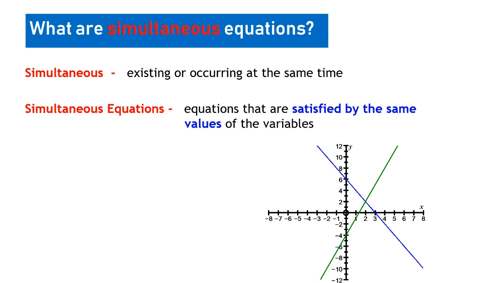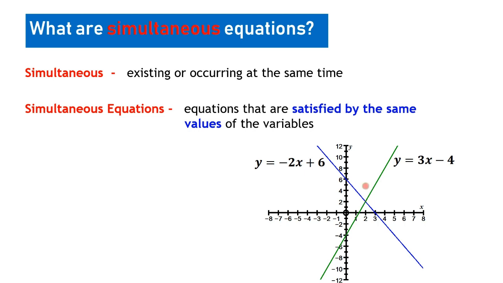I want to give you a glimpse of what you're going to be doing later on in your grade 9 mathematics. You'll be doing straight line graphs so that you can make sense of these values. The two straight line graphs have equations, and those graphs have a point of intersection where they meet.